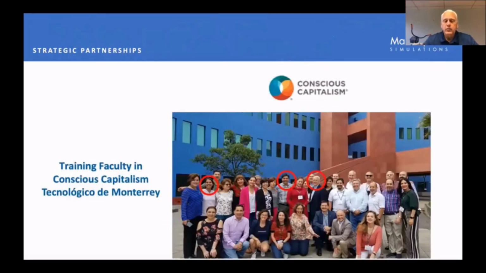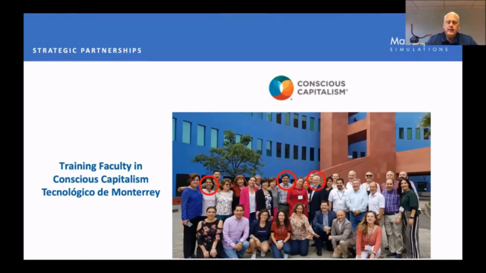Another area that we're really quite proud of is a strategic partnership with Conscious Capitalism, Inc. Conscious capitalism is, let's say, a more enlightened way of viewing a business, and that the business is not only about making money for the stockholders, but there are many stakeholders that are also important, whether they be employees, well, obviously customers, the community, all right, the environment.